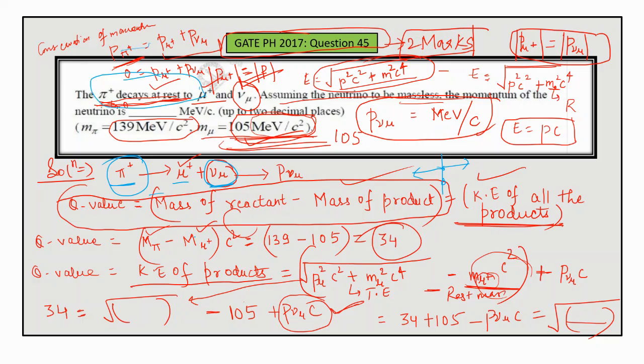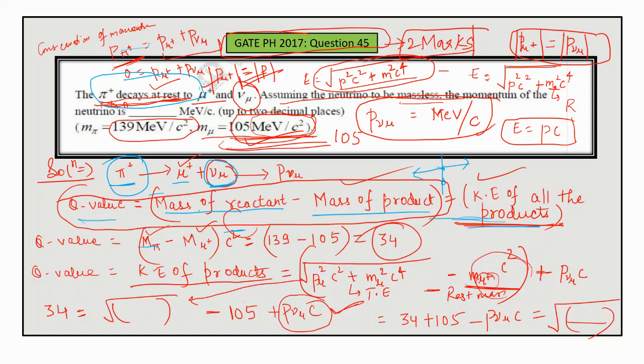Now the next is we have used the Q value concept. The Q value has two formulas. One is mass of the reactant minus mass of the product, and the other one is kinetic energy of all the products. So we have used the first one, mass of the reactant minus mass of the product. Why have we not included the neutrino?